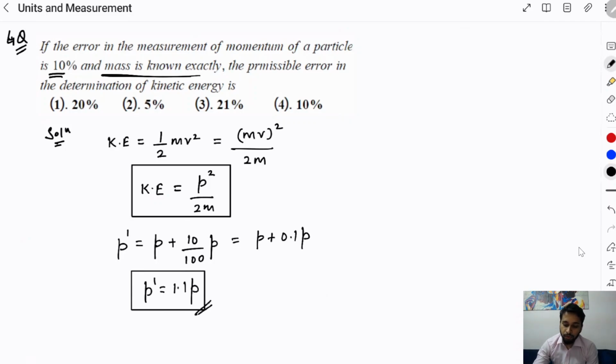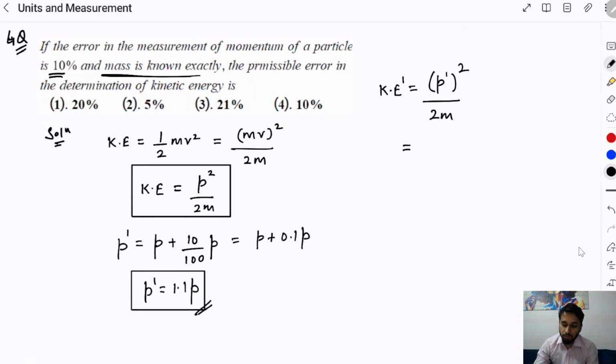Now the kinetic energy with the error K dash will be P dash square by 2m. Now how much is P dash value?